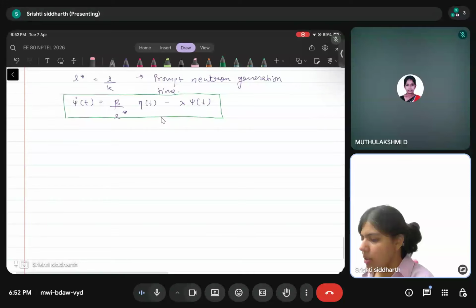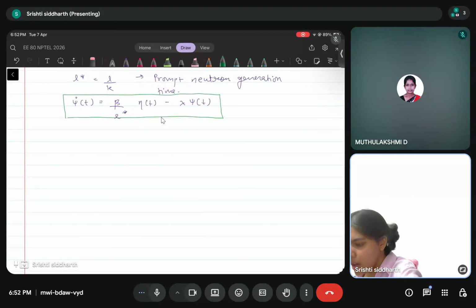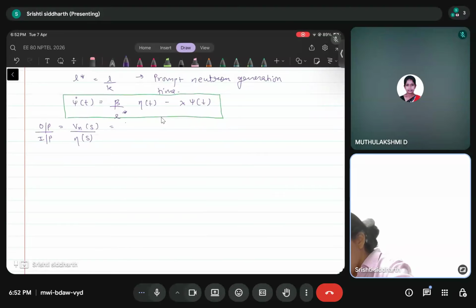Then we have the transfer function, where the output is the voltage generated due to the movement of the rods. This is Vn(s), and we are talking about a transfer function, so we are in the s domain, over H(s). This is output over input. It is represented by a first order system with a gain and a time constant.